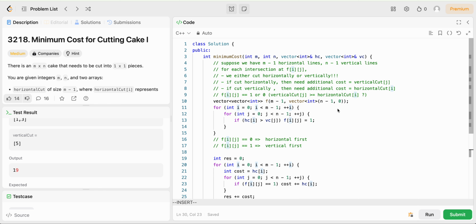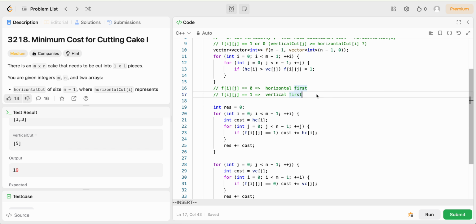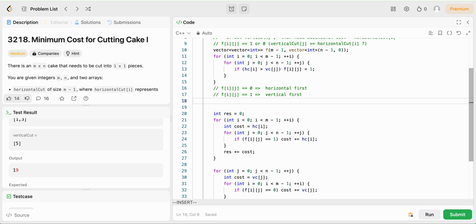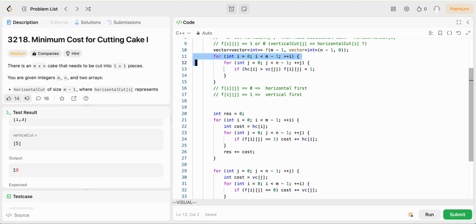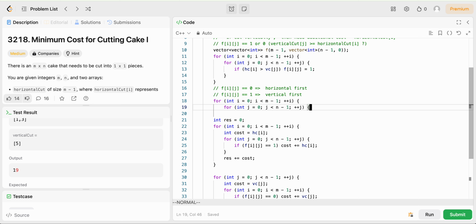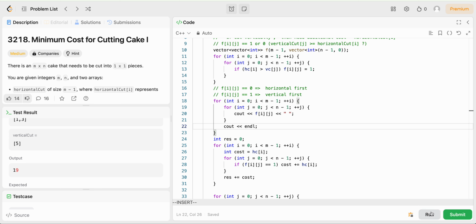Let's see if there are some other issues. Maybe we can print the Fij here. Fij, right? Let's see.